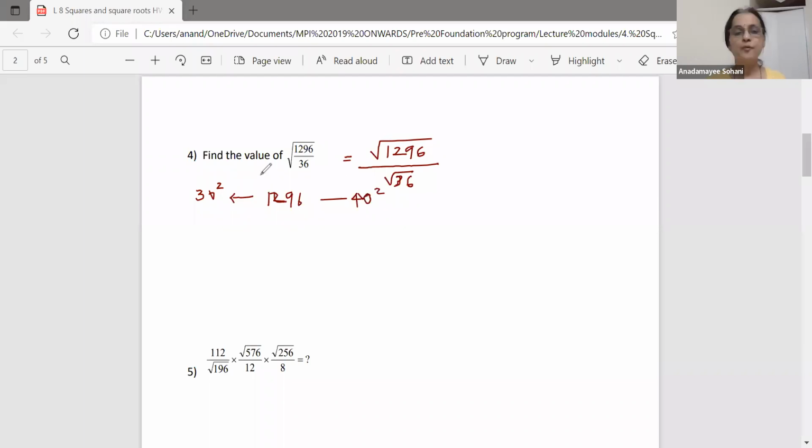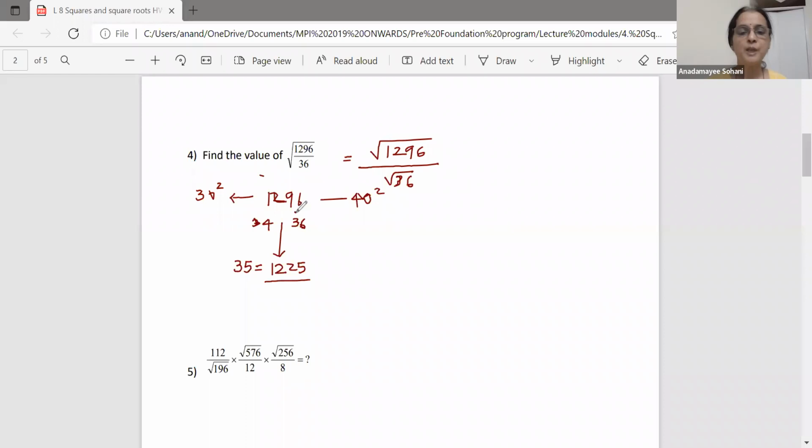So this is the square of 34 or 36. Because it is ending with 6, I know that the square root should end with 4 or 6. But I know 35 square is 5 5s are 25 and 3 4s are 12, so 35 square is 1225, and 1296 is greater than that.